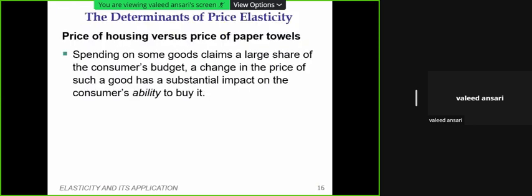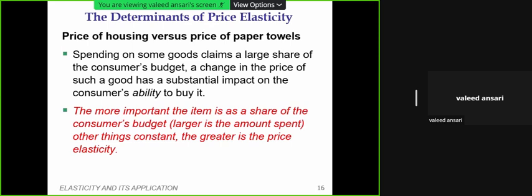Then another determinant is how much money you spend on an item. For example, the price of salt may have increased. This is a very paltry amount in the consumer budget. People may continue it because it is a necessity.